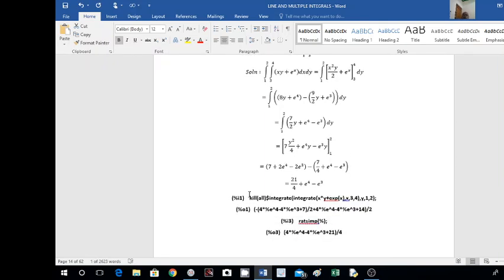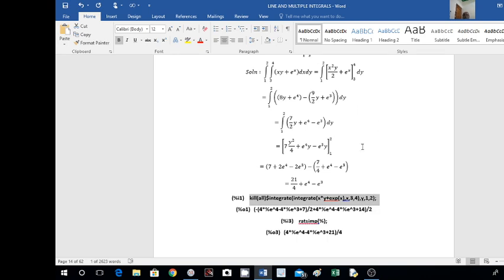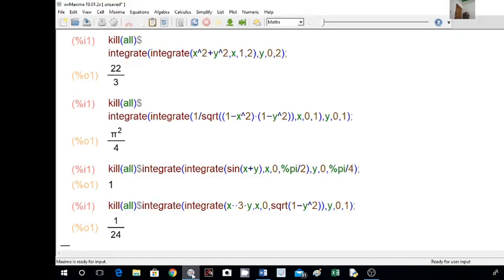Let us verify. Copy this, coming to Maxima, paste here.